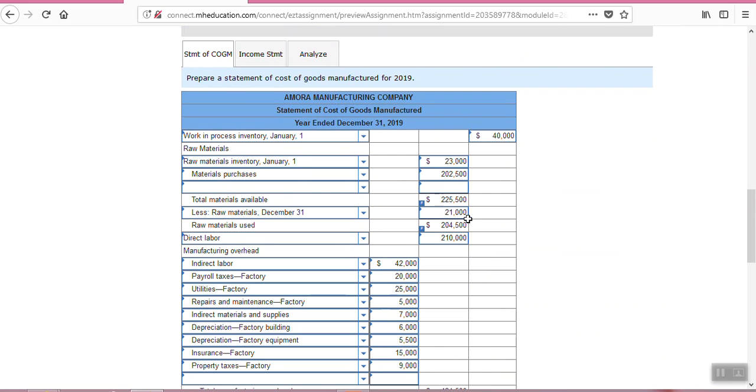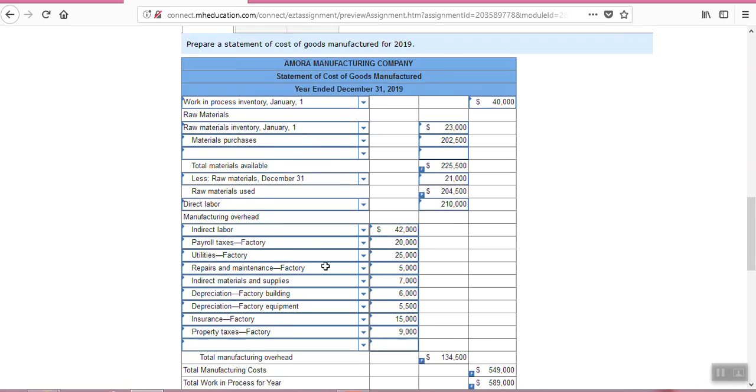Just going to bring that straight down. So we've got our beginning inventory and our purchases, that gives us our materials available. We're going to subtract out our ending materials, and that's going to tell us how much in raw materials we used. Direct labor is just one line, and that's on that first chart, so you just plug that in.